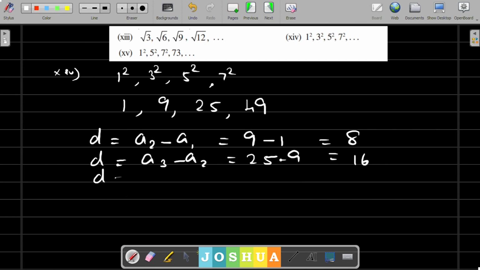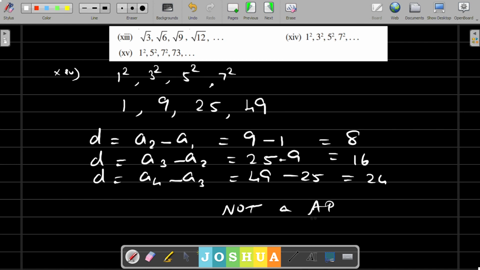Now again, a4 minus a3: a4 is 49, a3 is 25, the difference is 24. Now the d is not the same, so the given numbers don't form an AP. So no need to find the next three terms.